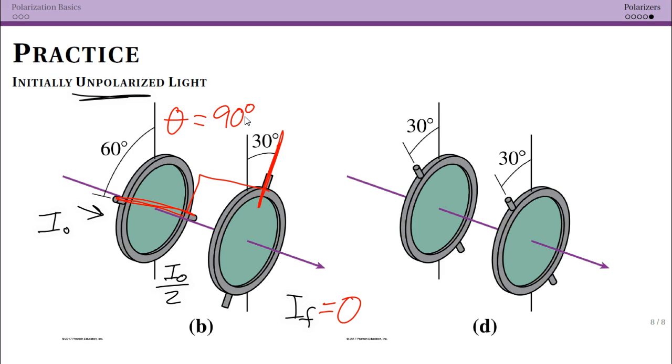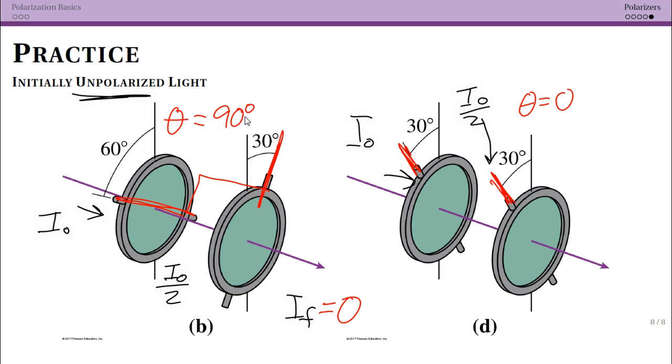Now in the second situation, I again have I naught. I pass it through a polarizer. Again, our initial intensity was unpolarized, and so we have I naught over 2. Now we again look at theta, and we notice, oh, this is 30 degrees from vertical. This is 30 degrees from vertical in the same direction. That's kind of important.